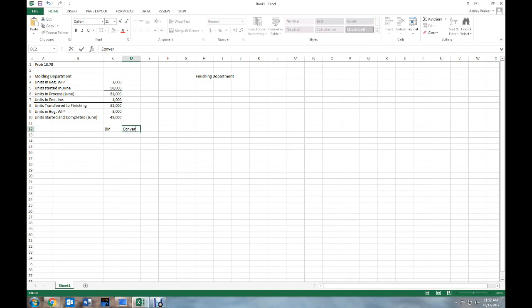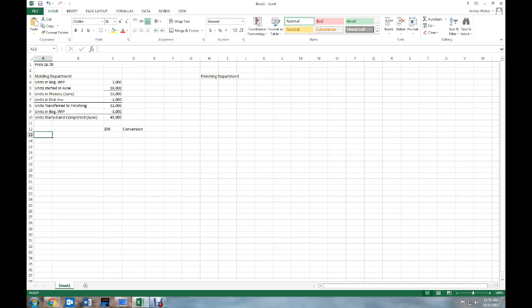Okay, so now we can start working on our equivalent units. Remember, direct materials and conversion are added throughout the process at different rates. So we need to finish our work in process. Let's make that beginning work in process. With respect to direct materials, we had 3,000 units in our beginning work in process, and we're going to multiply times whatever our completion is.